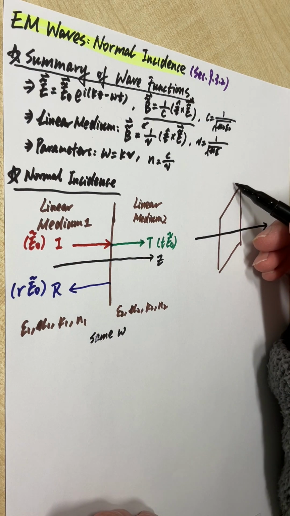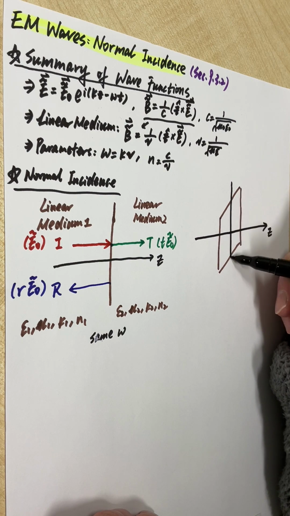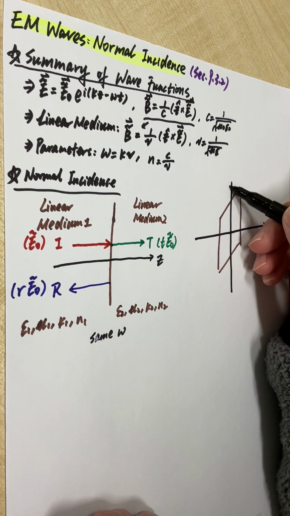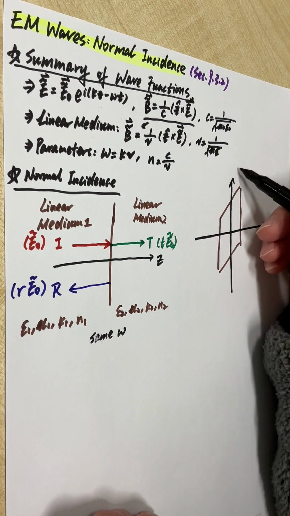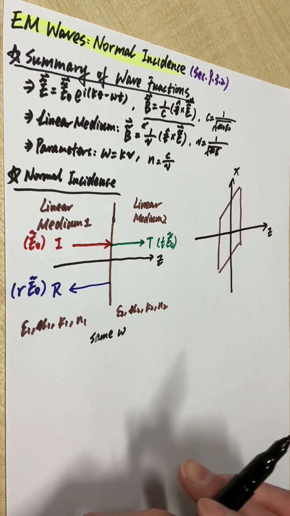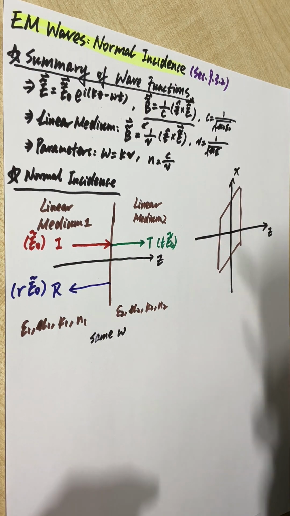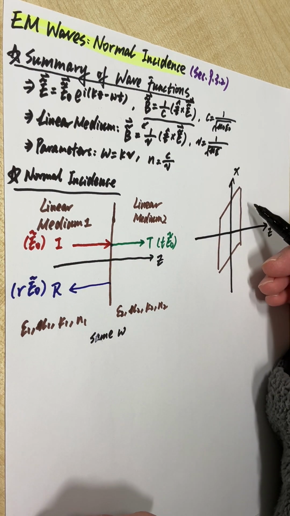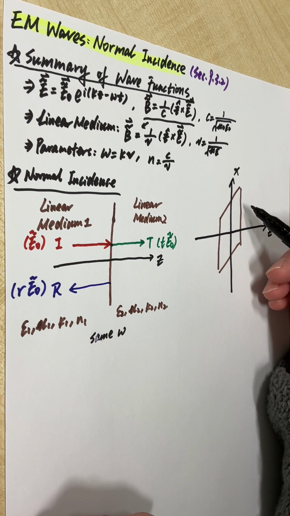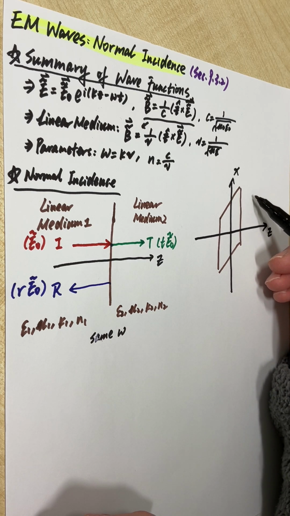Then we have the electric field polarized in the x direction, and based on the right-hand rule, the direction of the magnetic field will be in the y direction.